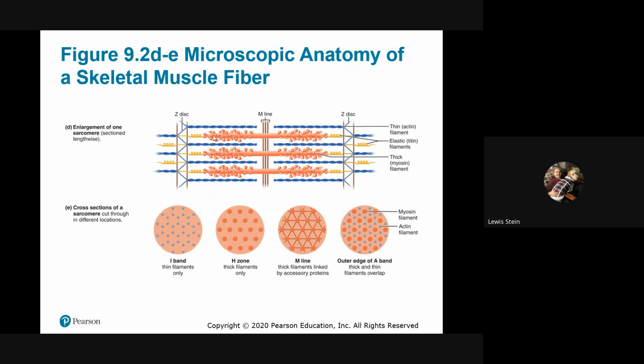We add up all that shortening, pulling the boundaries, the Z discs, slightly closer to one another, and effectively that's what creates motion. The whole idea is called the sliding filament theory, and this is basically how muscles move.